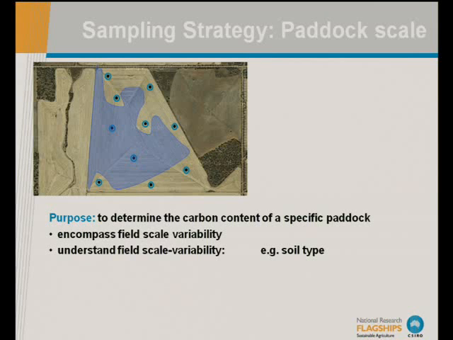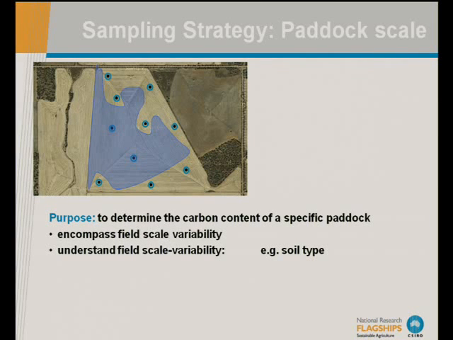So just to highlight, if the blue zone represents a different soil type, so if we've got contrasting soil types within that paddock, and we've randomly thrown out our points of collection for our sampling, it might happen that we only have a couple of those samples falling within one soil type, and then we run into potential issues of misrepresenting the carbon content of that paddock.